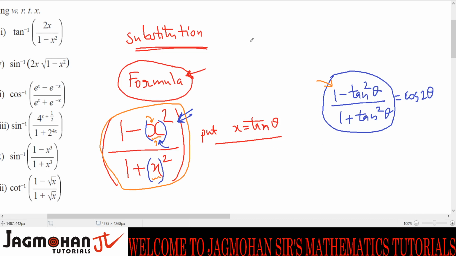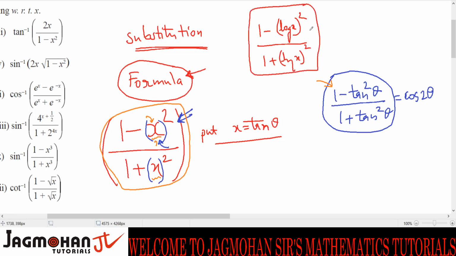Suppose I see an expression as 1 minus log of x the whole square upon 1 plus log of x the whole square. What will I do, students? I will do the same thing. I will put log of x as tan theta because ultimately I want this formula.